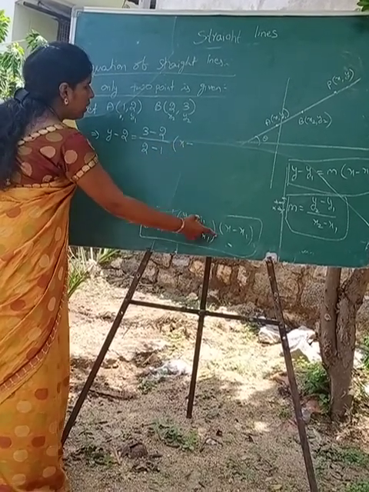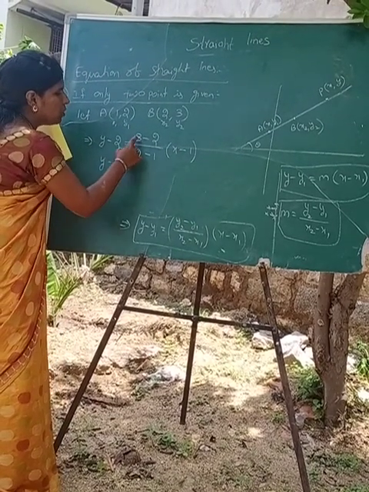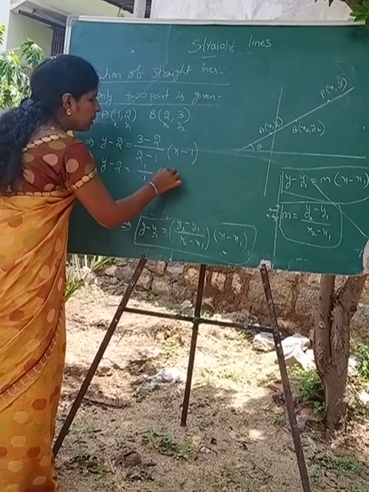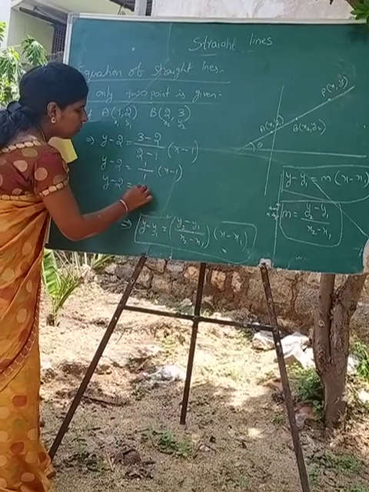X minus x1 is 1 again. So y minus 2 equal to 2 minus 1, which is 1, by 2 minus 1, which is 1 again, into x minus 1. It is y minus 2 equal to x minus 1.